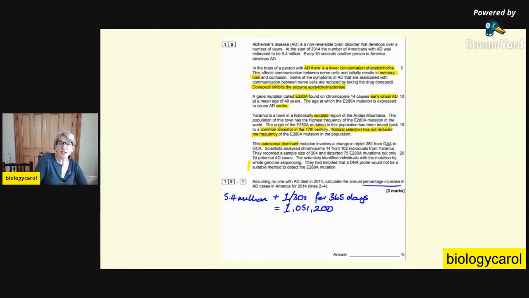That means 365 times 24 gives you the number of hours, times 60 gives you the number of minutes, times 2, because it's every 30 seconds, gives you 1,051,200. So there's our increase, and we started with 5.4 million, and we want our increase as a proportion of what we started from.